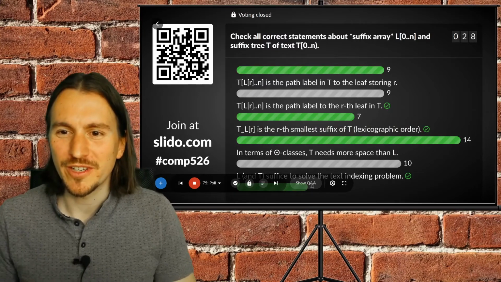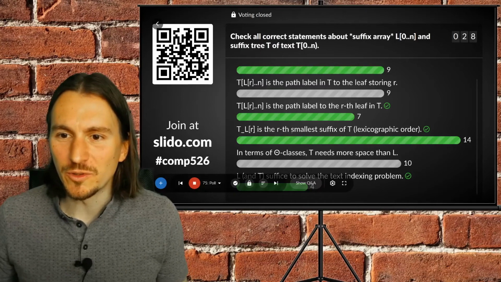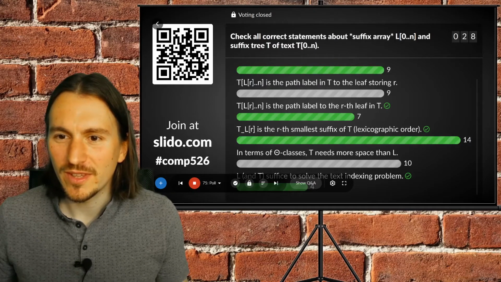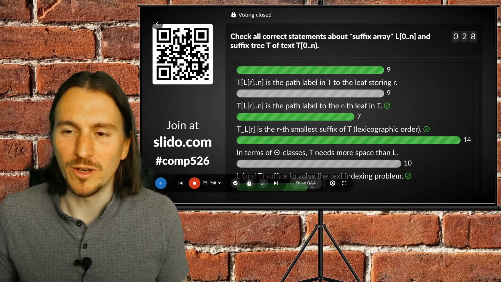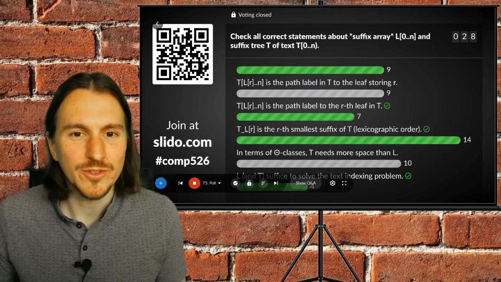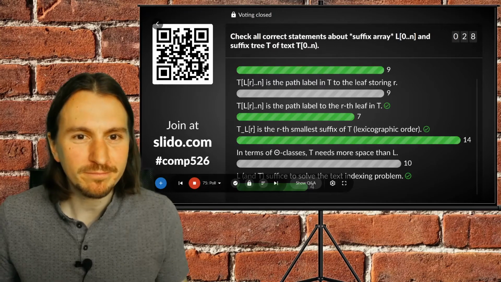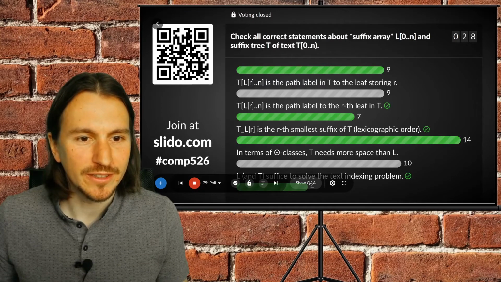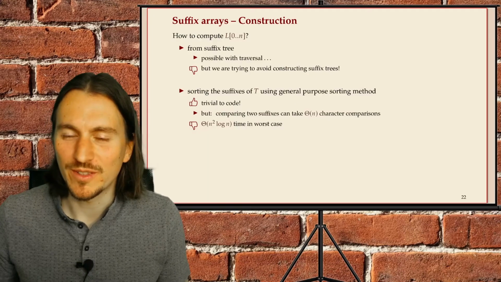Think of the suffix array as storing what's the rth smallest in sorted order. I'll later have another picture of how to remember these things.